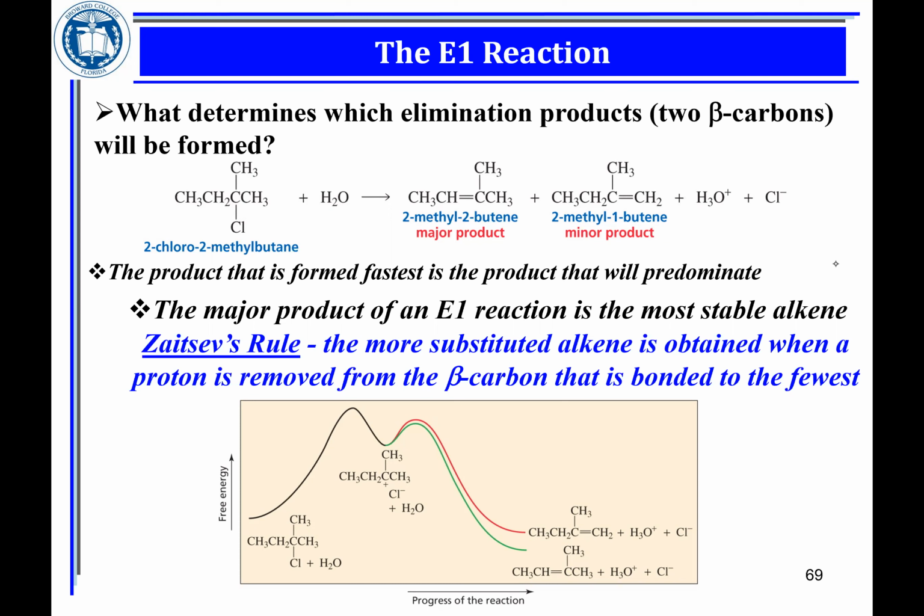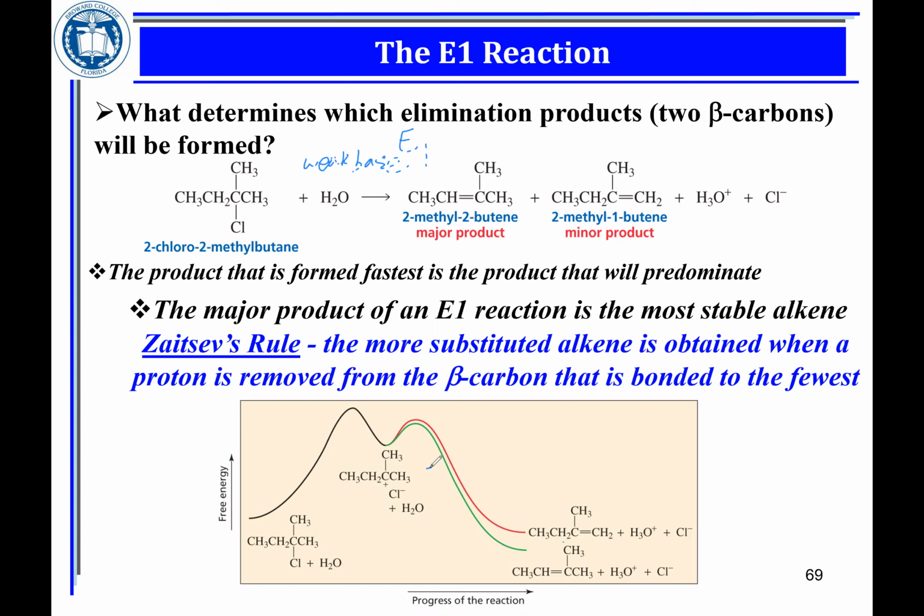Water is being used as a base. If it's a weak base, it's going to be E1. So a carbocation is going to form first, and then hydrogen is being removed.